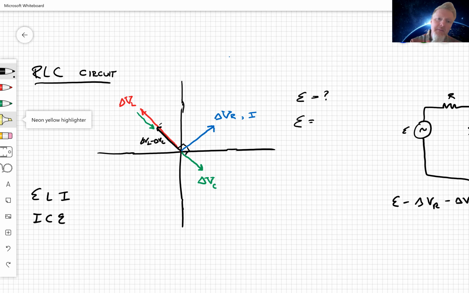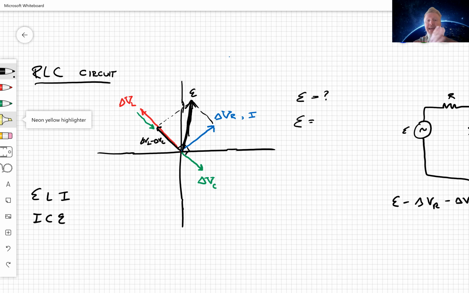Now, if I make my parallelogram right there, that must be the voltage of the power source. Ultimately I'm just doing phasor addition, right?